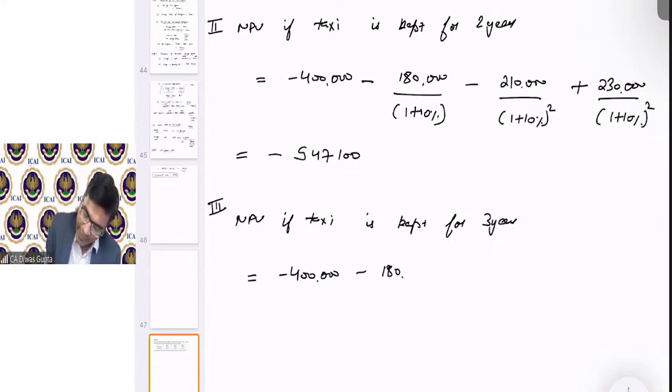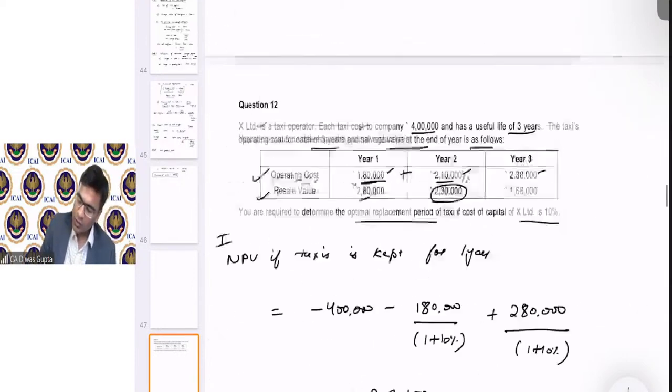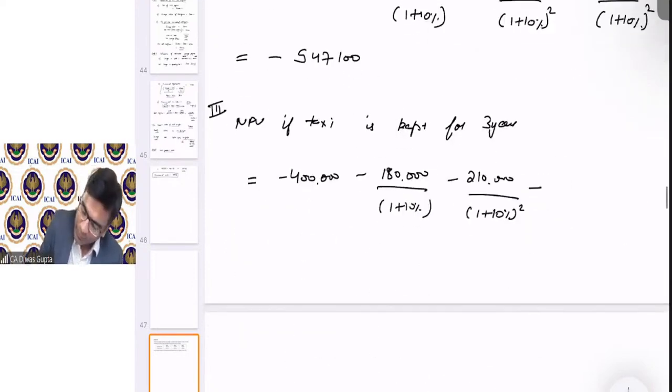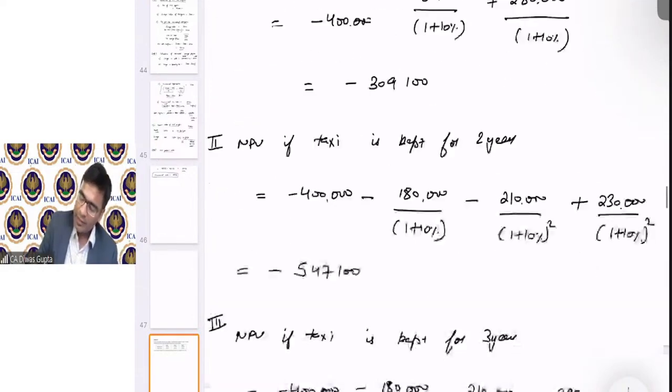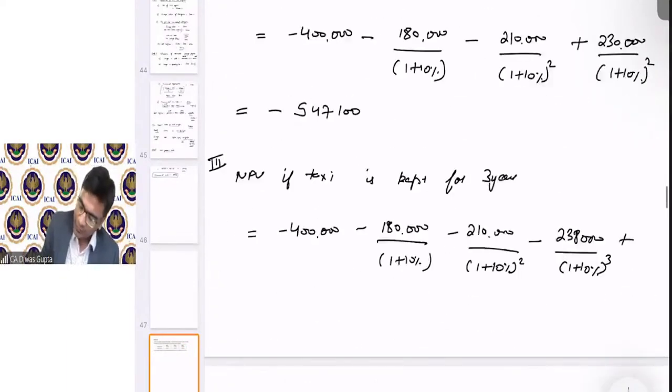Minus 1,80,000 will still be there, which is the first year operational cost. Second year operational cost will also be there. Third year operational cost will also come now, which is 2,38,000, raised to the power 3. And after the third year, the salvage value is 1,68,000.